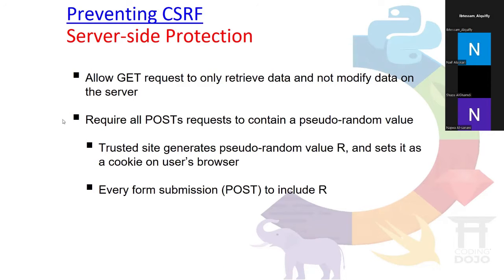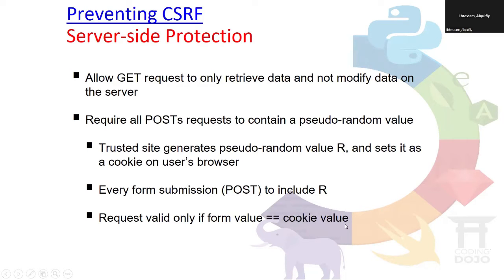So we have: allow only POST requests, the server side generates a random number value and sets it as a cookie on your browser. With every form submission POST, you include this generated number. The request is valid only if the value equals the cookie value.